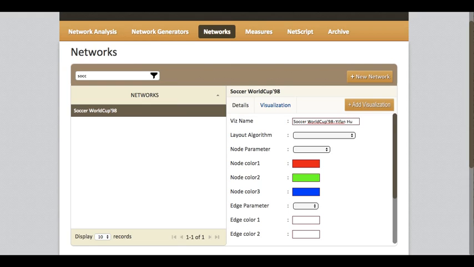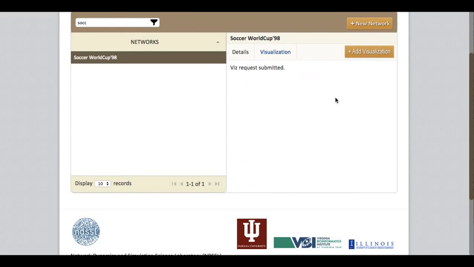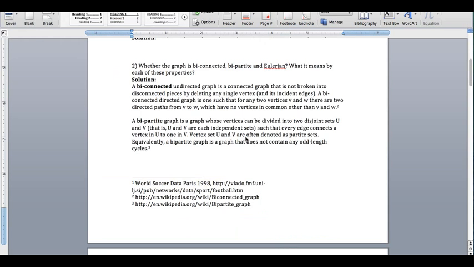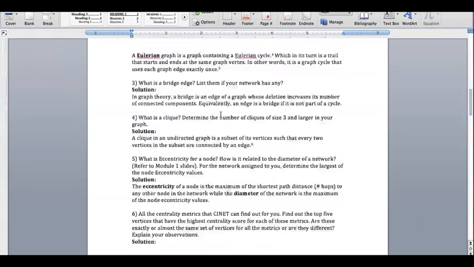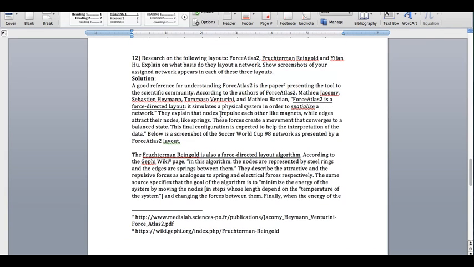All these three have one thing in common. They are all force-directed layouts.